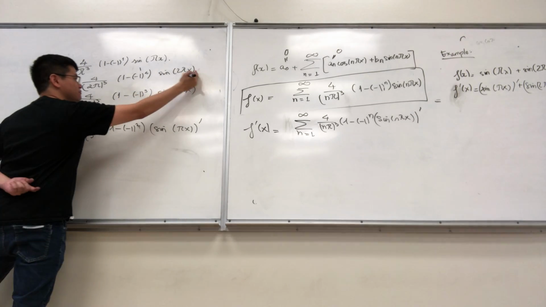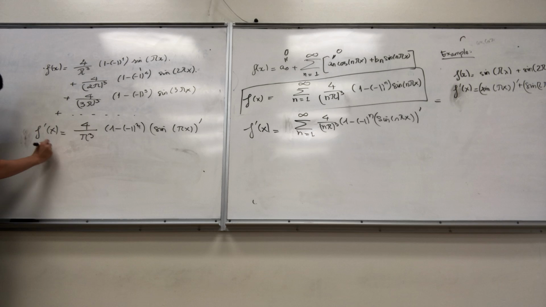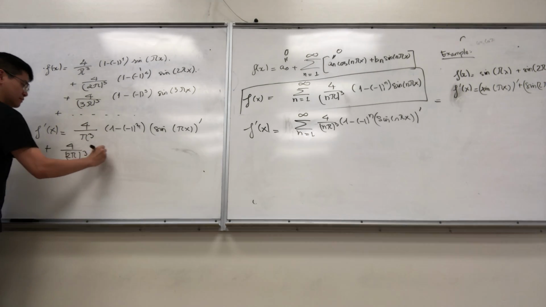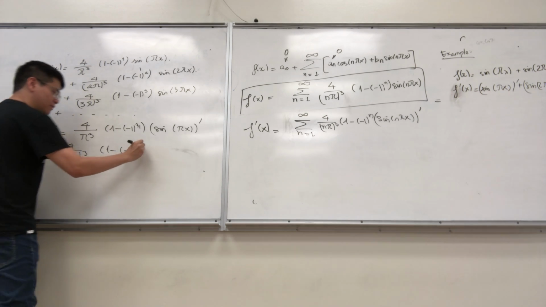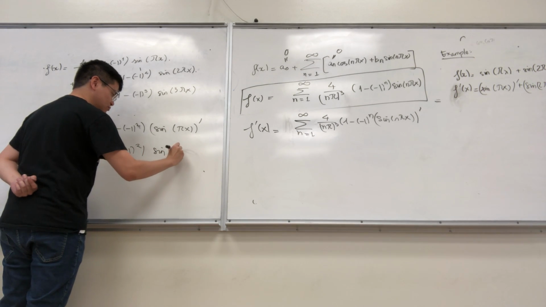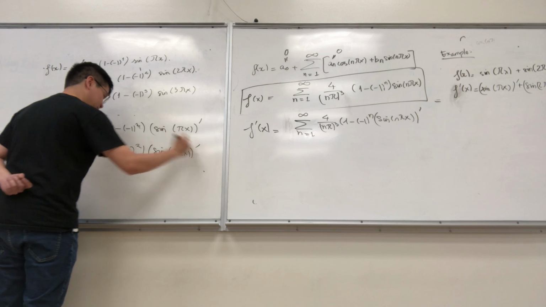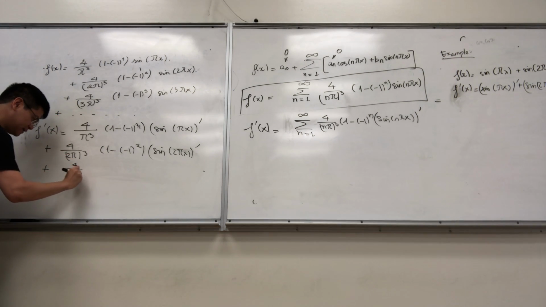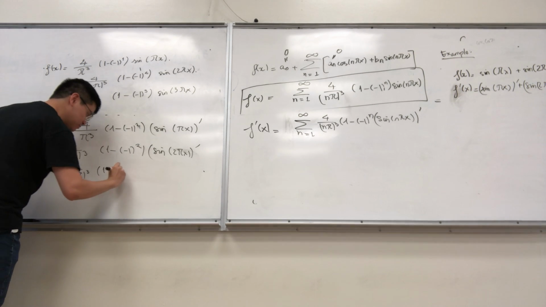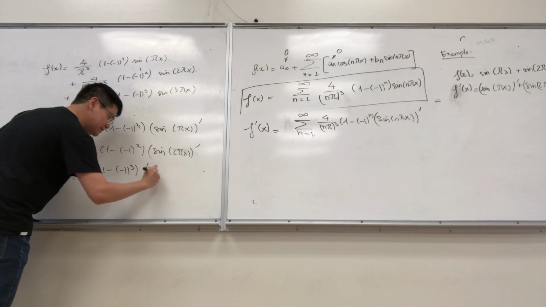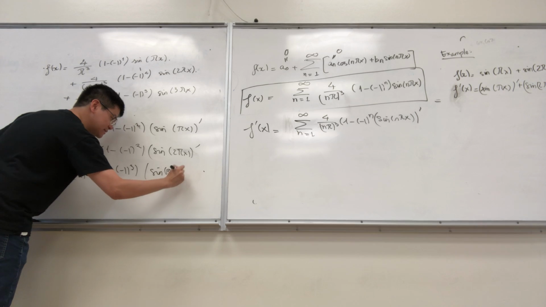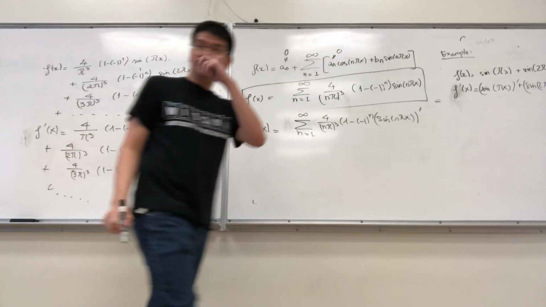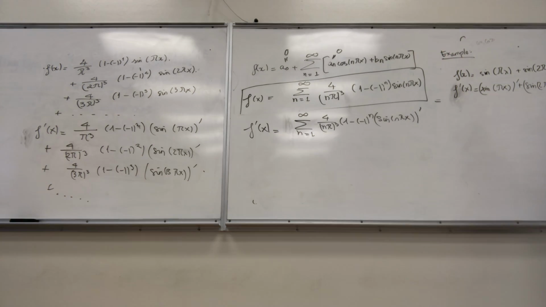So you're going to take the derivative of each of them. So I have 4 over 2 pi to the power 3, 1 minus (-1) to the power 2, sinus of 2 pi x, prime, plus down here I have 4 over 3 pi to the power 3, 1 minus (-1) to the power 3, sinus of 3 pi x, prime. All right? It's clear? Questions?